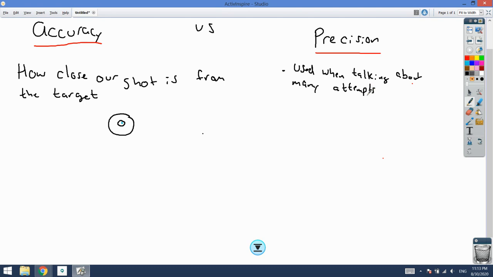Both are used when talking about many attempts, but in order to be precise, it definitely has to have more than one. Accuracy, you don't necessarily have to have more than one shot or measurement to be accurate. But when we're precise, we're going to be talking about many attempts, and more defined, I should say, is how close each attempt is to each other.